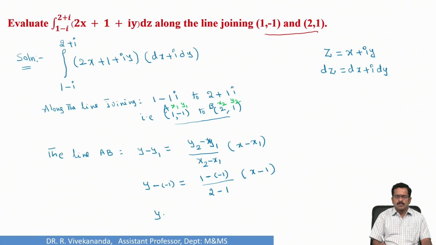So y plus 1 equals 2 by 1 into (x minus 1). On simplification, we get y equals 2x minus 3. This is the line equation we are getting.